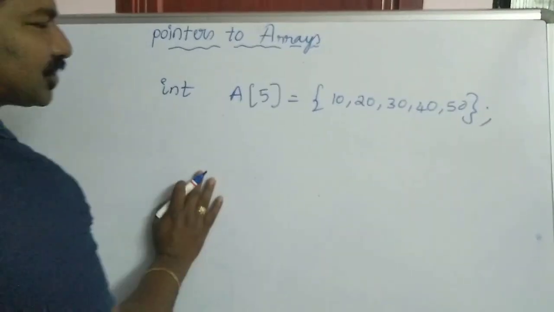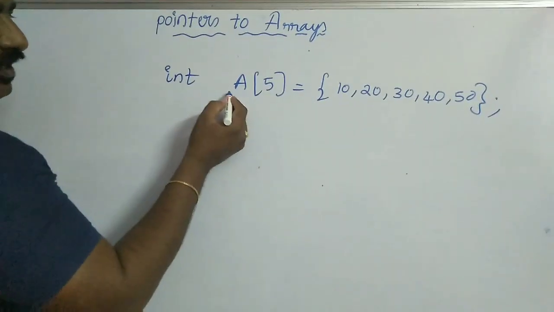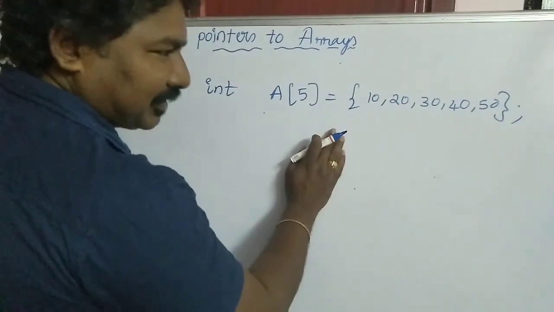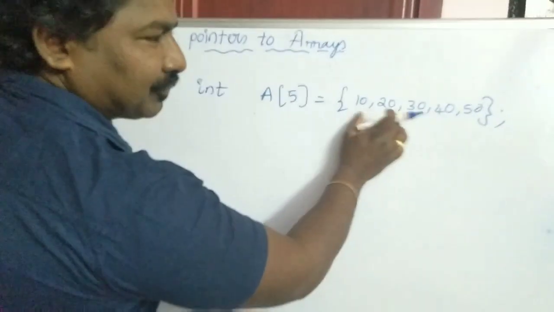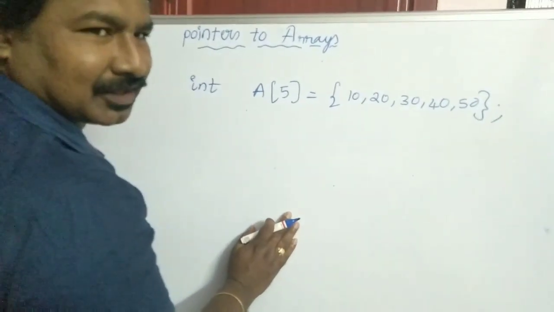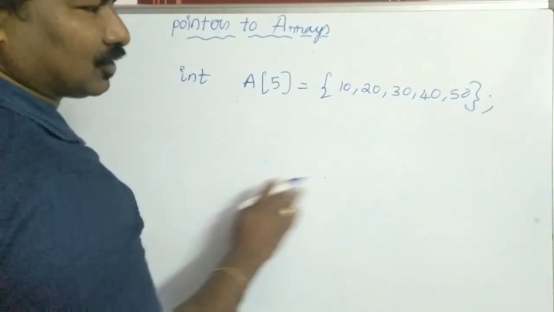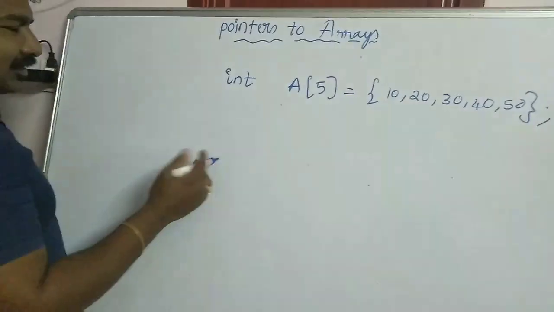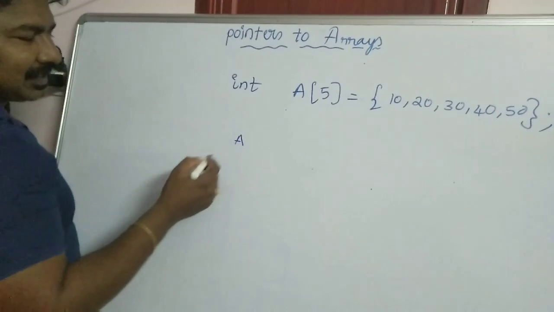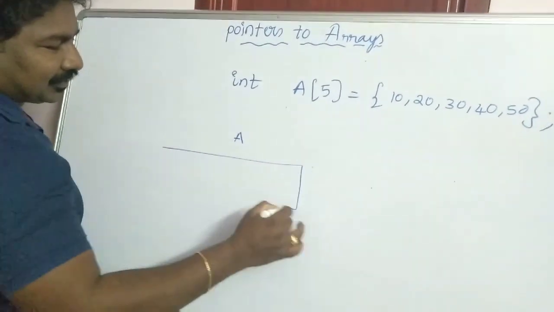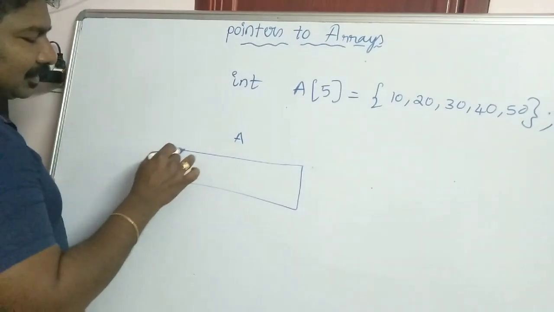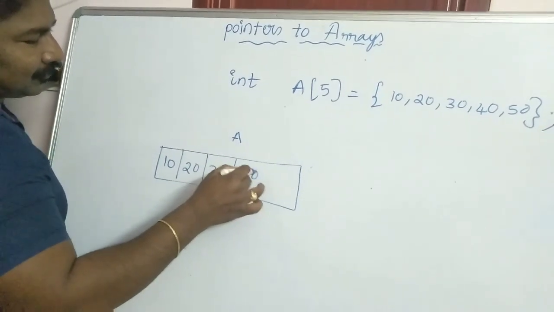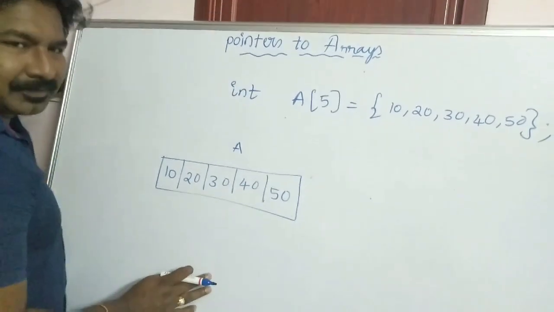In this declaration, we have created an array called A of size 5, an integer array, and I have initialized it with 5 elements: 10, 20, 30, 40, 50.